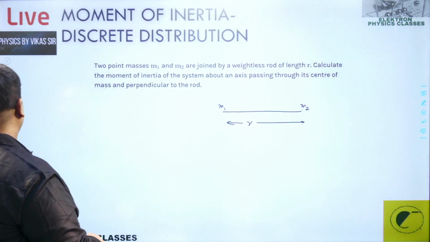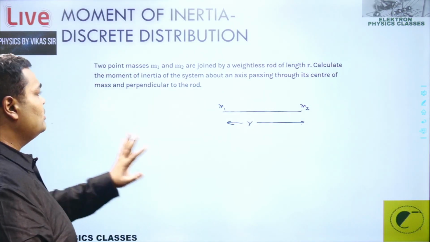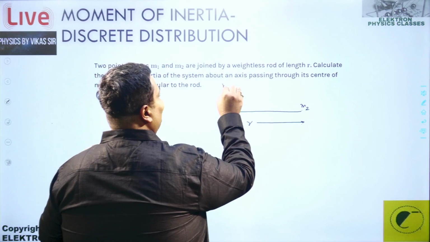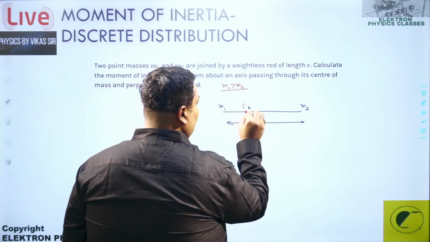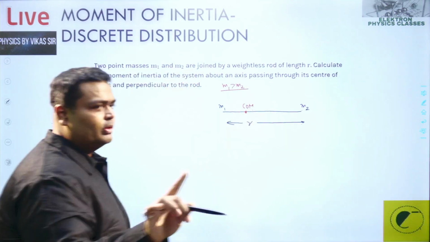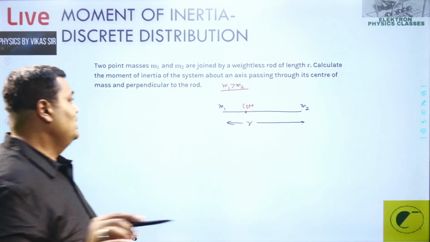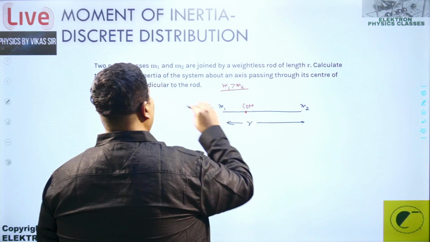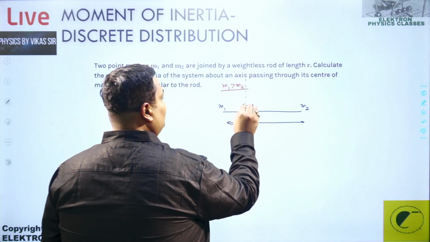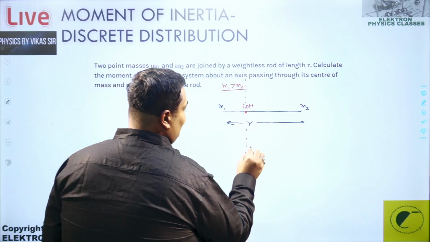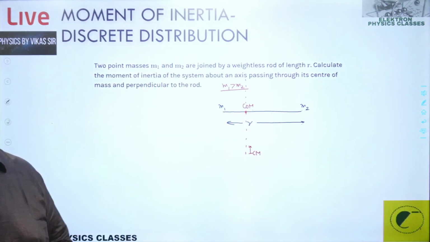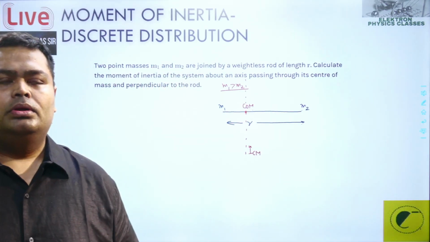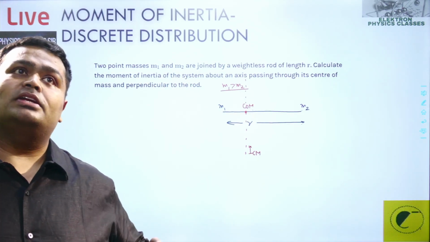Which means, first of all, we must know where the center of mass is. If m1 is more than m2, assumingly, then the center of mass is closer to m1. This much we know. And so the axis is supposed to be perpendicular to the rod and passing through this. So that qualifies as the center of mass axis or the centroidal axis. Can the moment of inertia of a center of mass axis be 0?